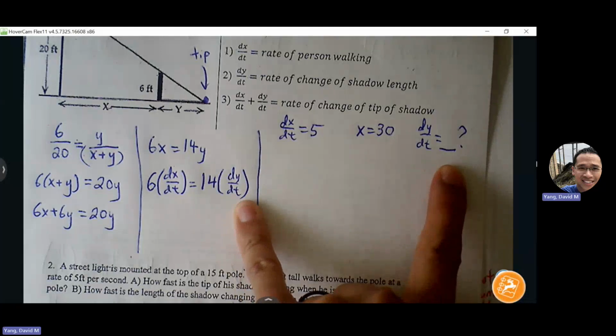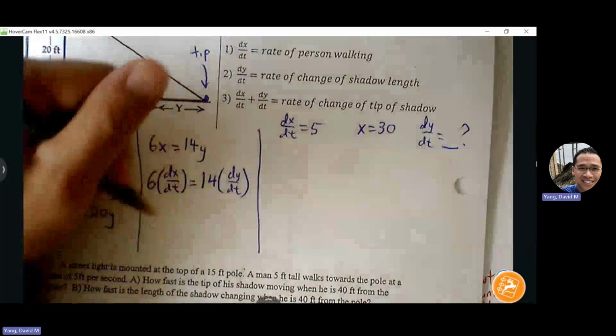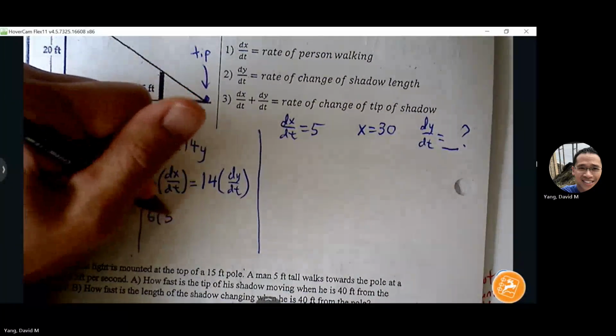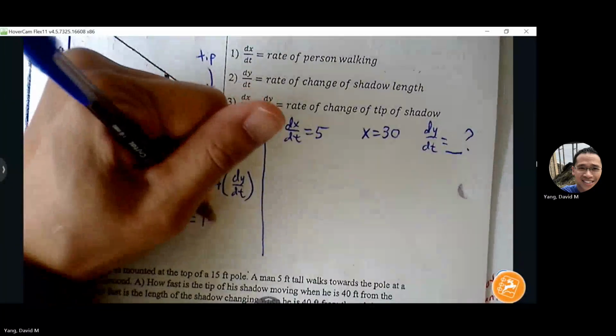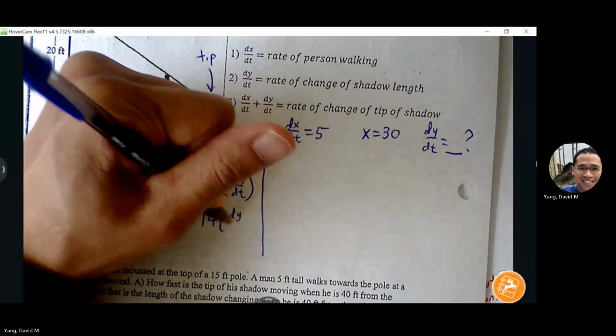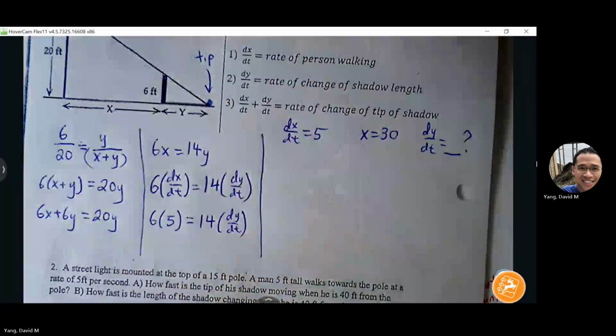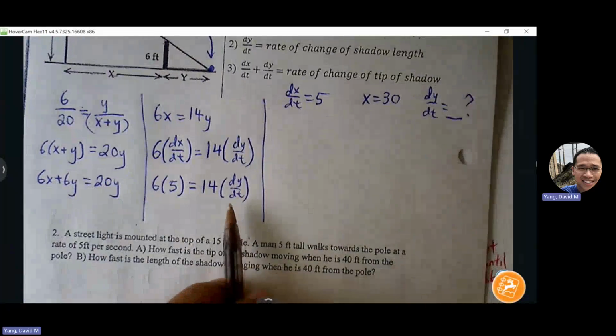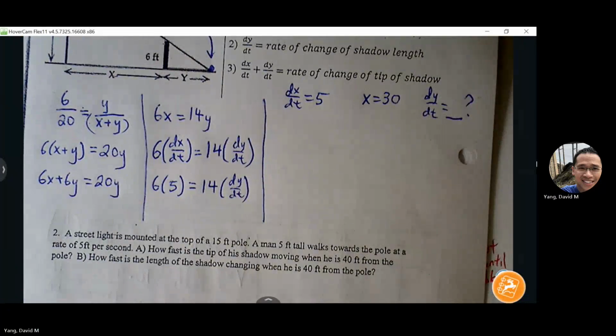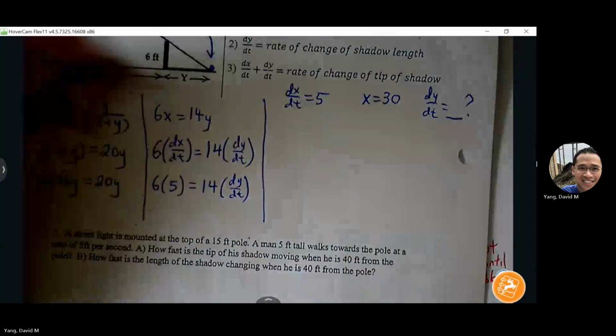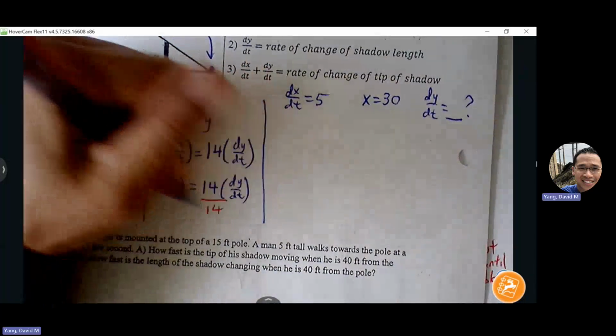Yes. So let's plug in, right? So 5 goes in for dx/dt. What's next? 1.6 times 5. Divide by 14.